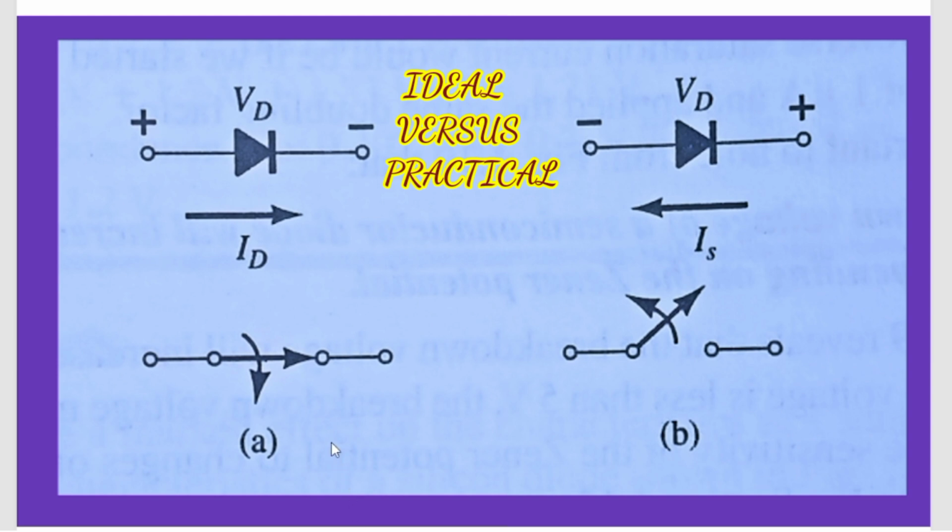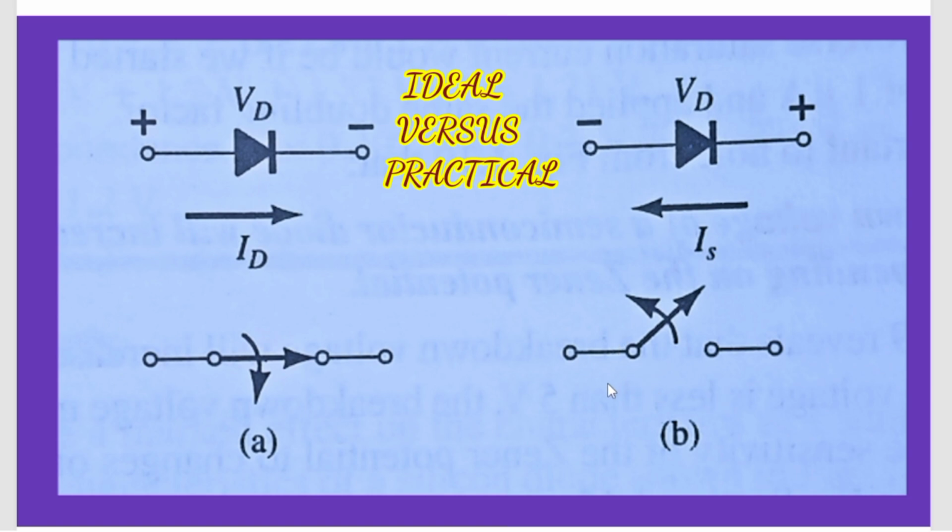In figure A, the diode is acting like a closed switch, permitting a generous flow of charge in the direction indicated. In figure B, the level of current is so small in most cases that it can be approximated as 0 ampere and represented by an open switch.